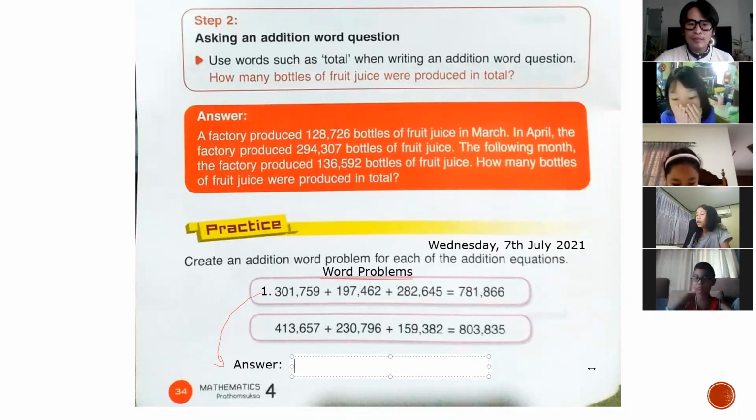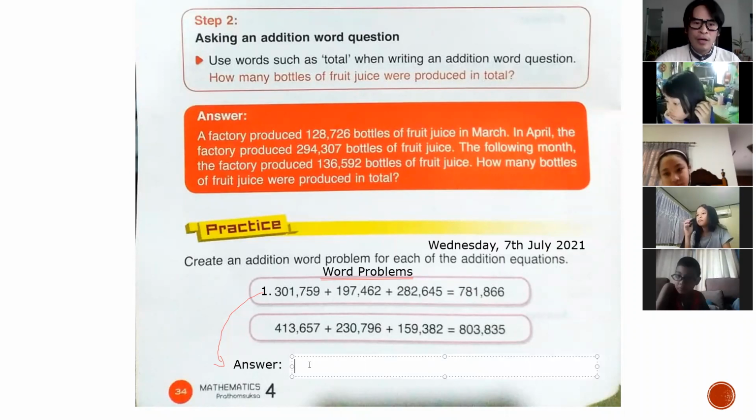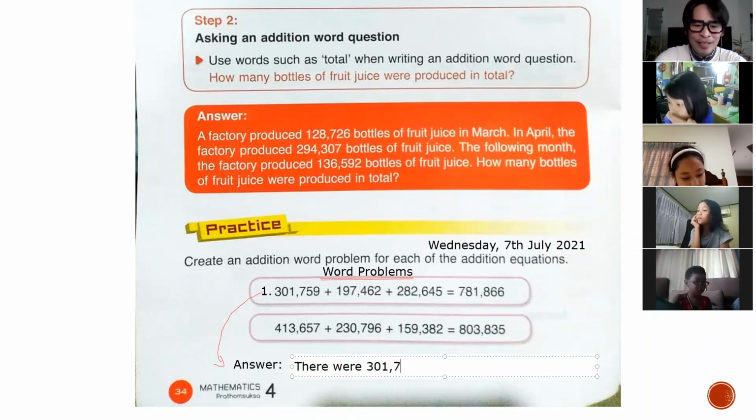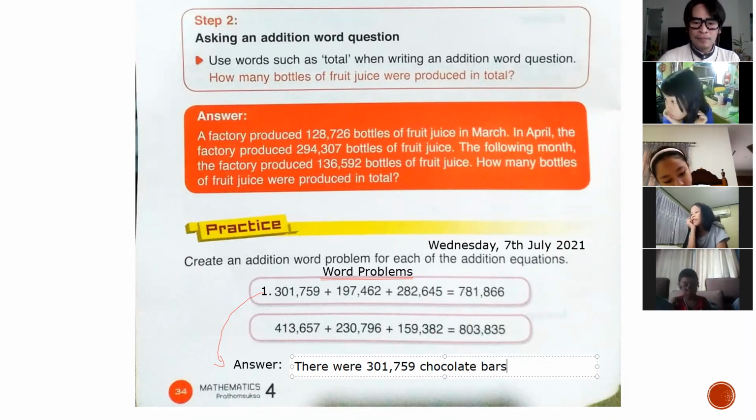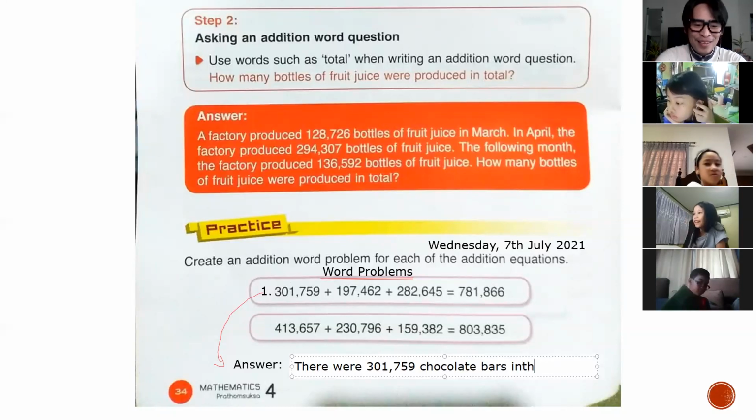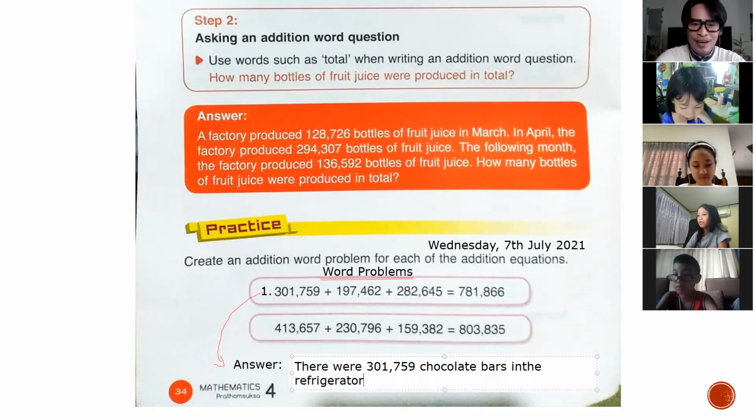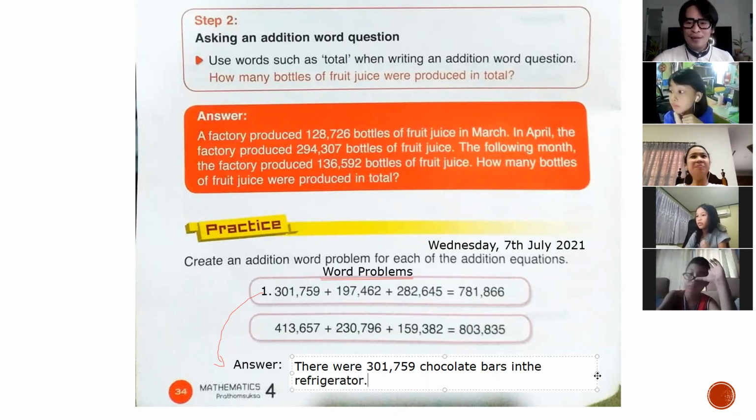There were 301,759 chocolate bars in the refrigerator. Okay, next. What is your next paragraph?